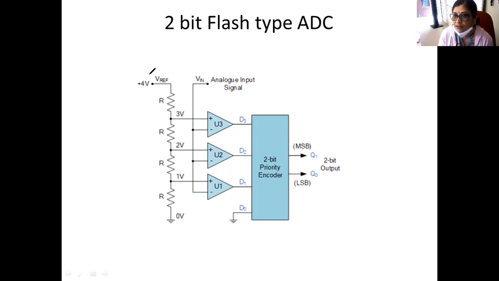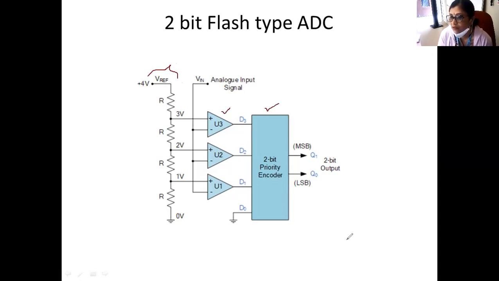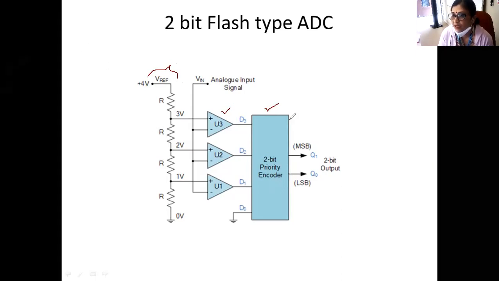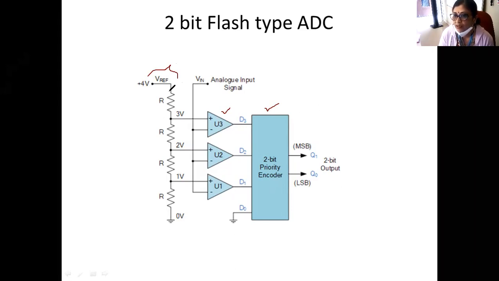What is this? So basically, these are the three components of the flash type analog to digital converter. Okay.